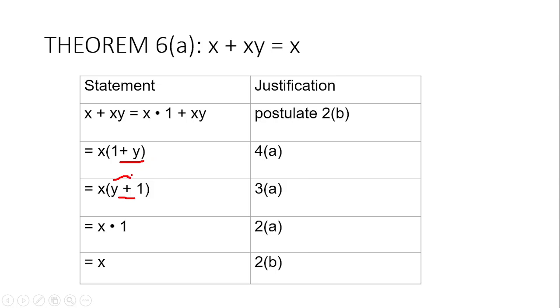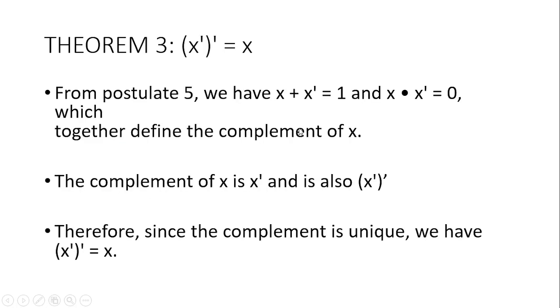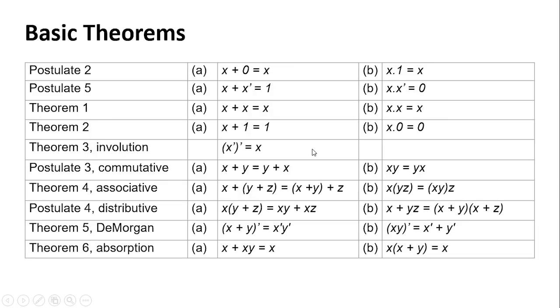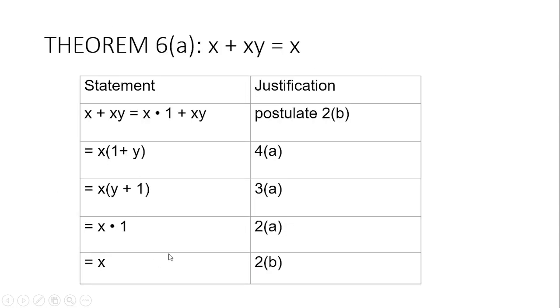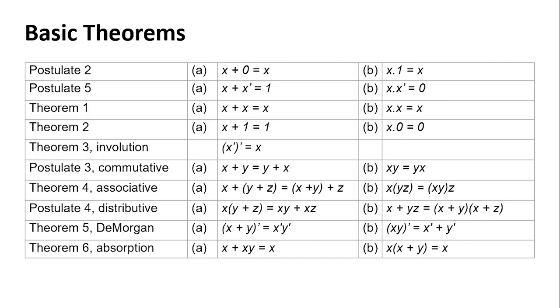Now coming back to the thing, what is 1 plus y? This is the simplest one. What is anything plus 1? Anything plus 1 is 1 itself. Now what is 1 dot x? Again go back, and what is 1 dot x?